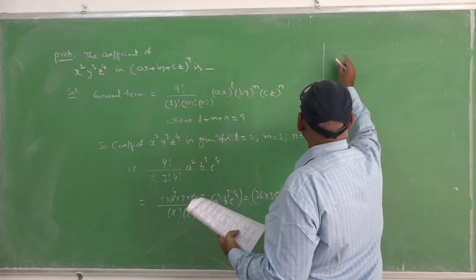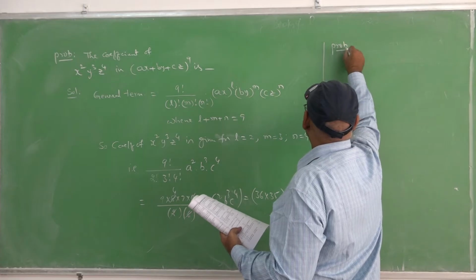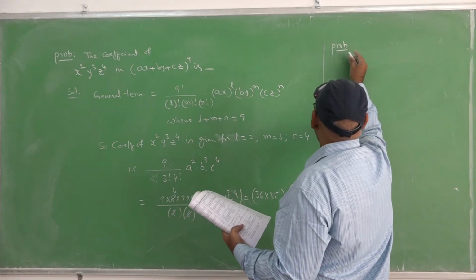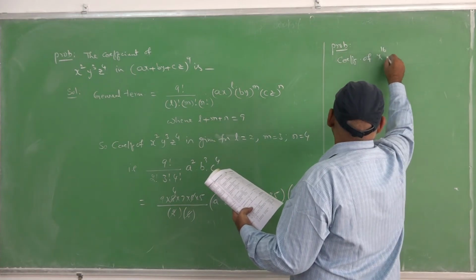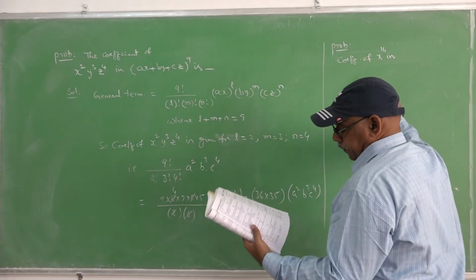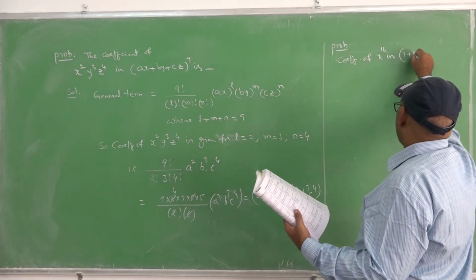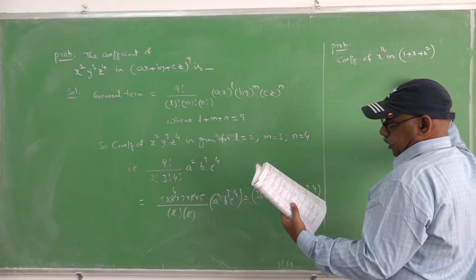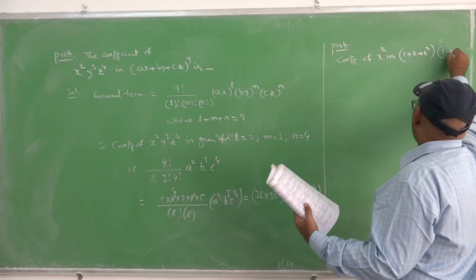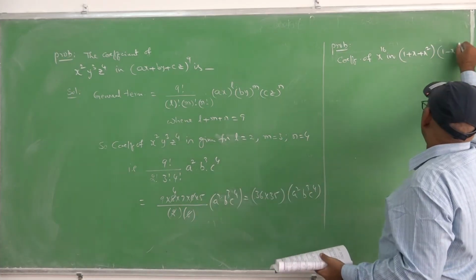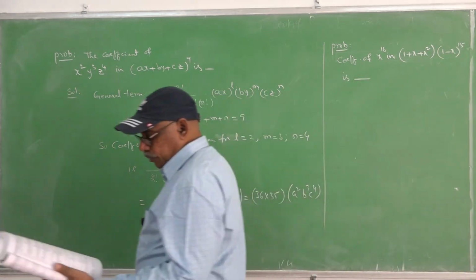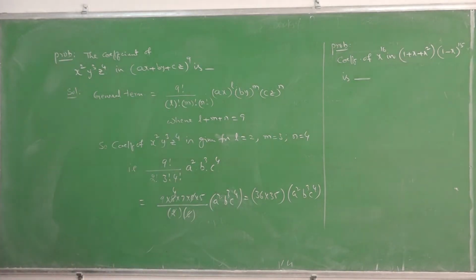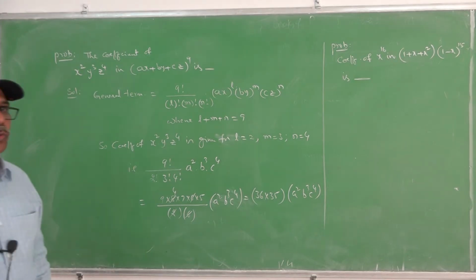Similarly, the coefficient of x power 16 in the expansion of 1 plus x square into 1 minus x whole power 15.